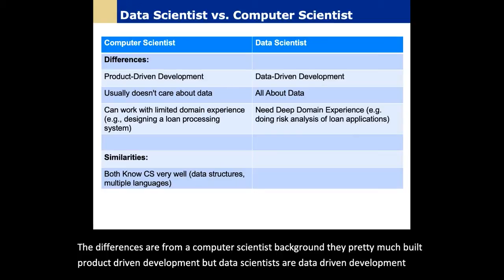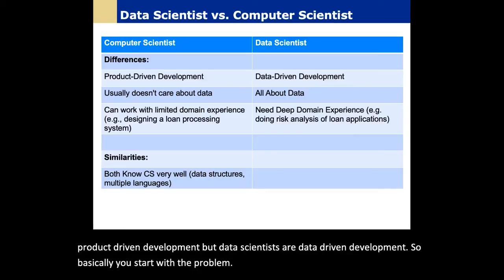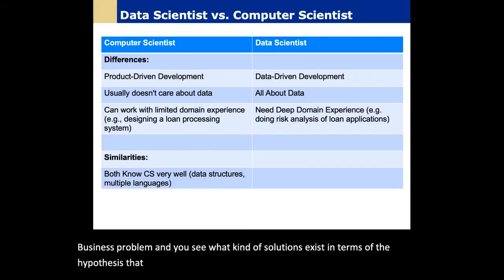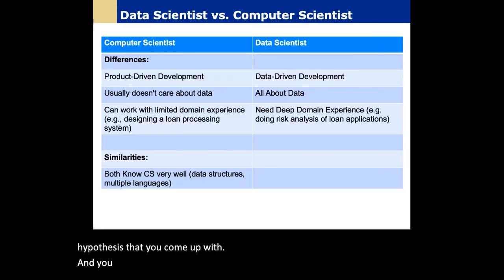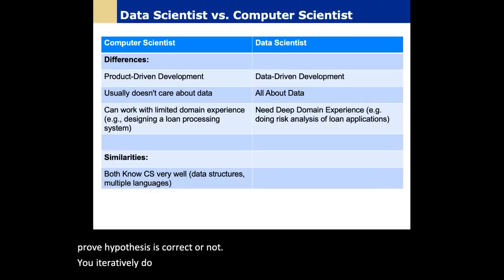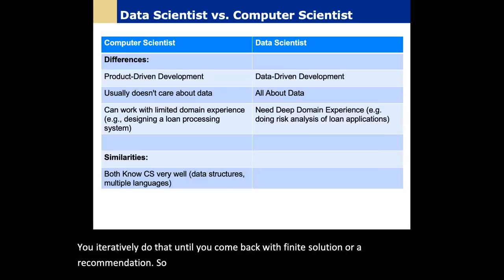Basically you start with the business problem, and you see what kind of solutions exist in terms of the hypothesis that you come up with. You go collect data and do lots and lots of experiments, and either you prove the hypothesis is correct or not, and you do that iteratively until you come back with the final solution or a recommendation. So basically data science revolves around data-driven development.